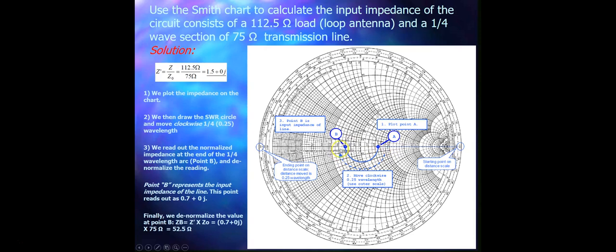If you move 180 degrees, you will get here, and then read out the normalized impedance at the end of the 1/4 wavelength arc and denormalize the reading.